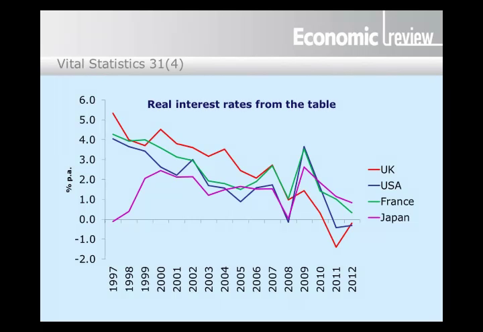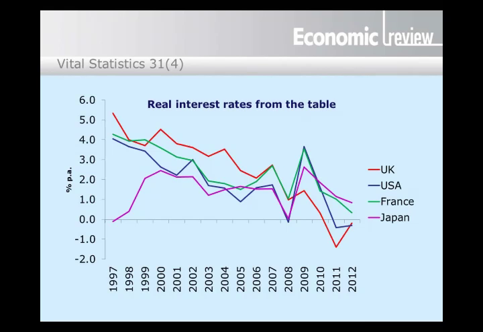So if we look at the period from, say, 1997 up to about 2007, we see that, with the exception of Japan, there was a general slow decline in real interest rates. There's then a period of instability during the financial crisis, with real interest rates dipping in 2008 and then increasing in 2009 before settling down a bit after that.